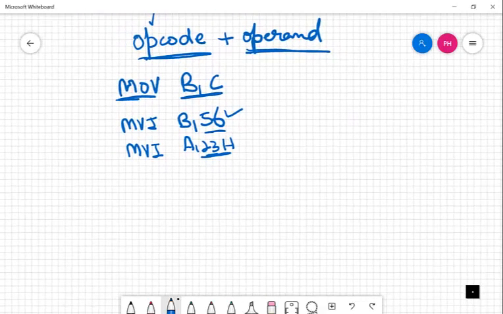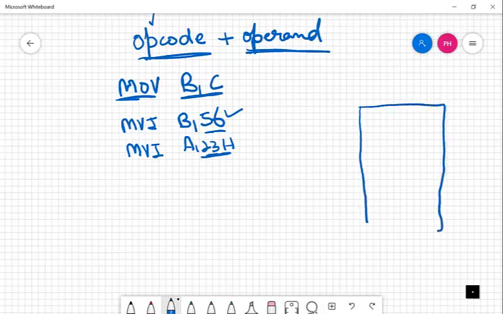There are other data transfer instructions. For example, in some cases we have to transfer data from the memory, or we have to store some data in the memory. I have already told you that in the case of 8085 we can have a maximum of 64 kilobytes.